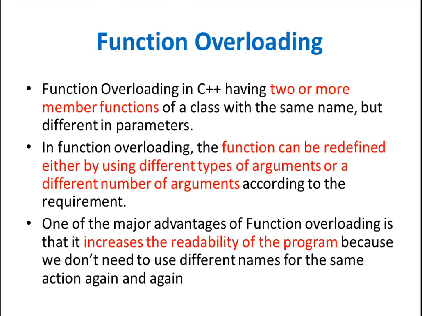In function overloading, the function can be redefined either by using different types of arguments or a different number of arguments according to the requirement of the programmer. One of the major advantages of function overloading is that it increases the readability of the program because we don't need to use a different name for the same function again and again.